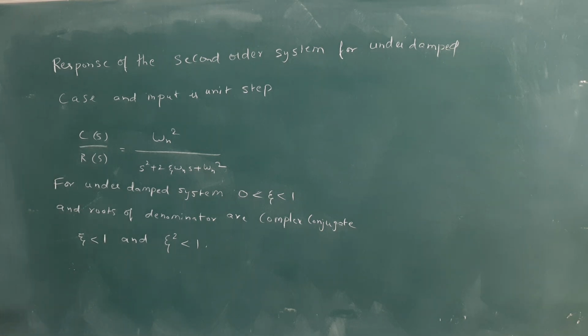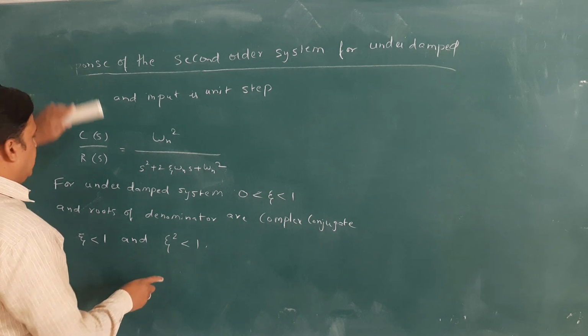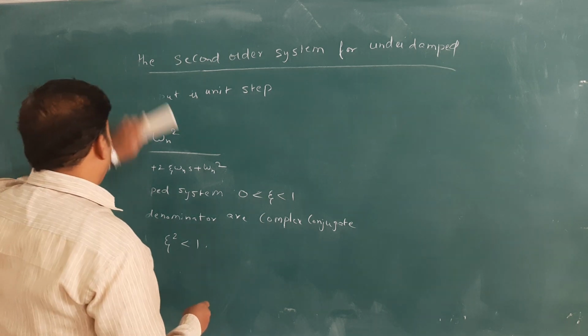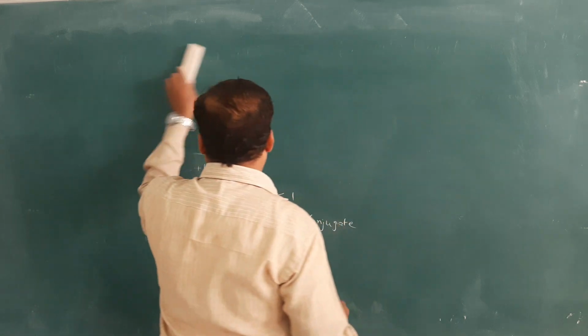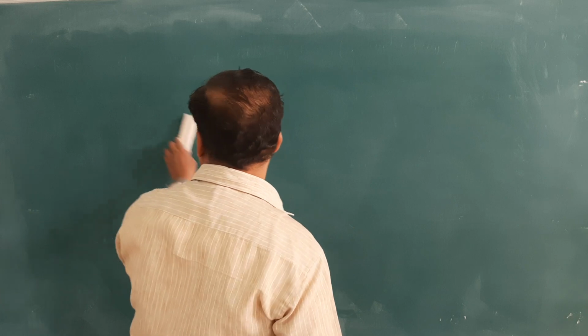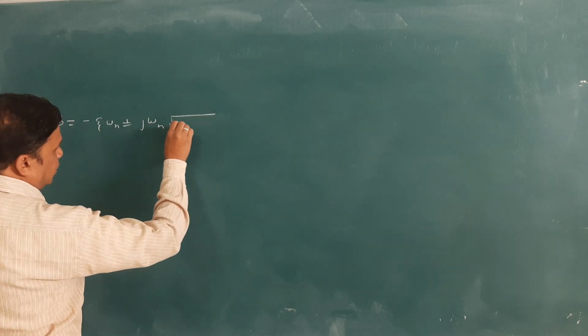Now we will write the equation, and the value of s. After writing zeta less than 1 and zeta square less than 1, the value of s is equal to minus zeta omega n plus or minus j into omega n into square root of 1 minus zeta square.